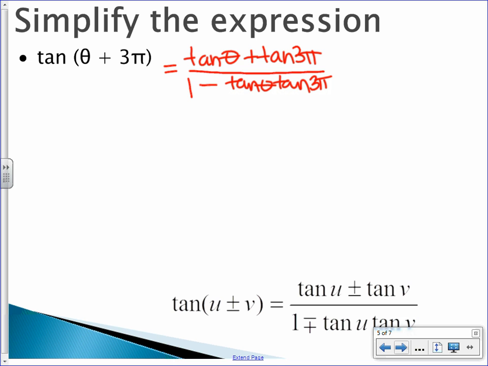Okay. What is the tangent of 3 pi? Where is 3 pi? Here's 0, 1, 2, 3. 3 pi is in the same place as pi. So what's the tangent?